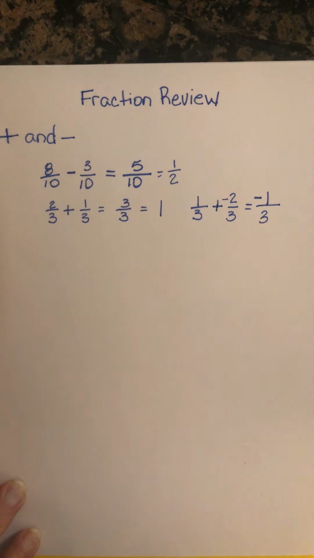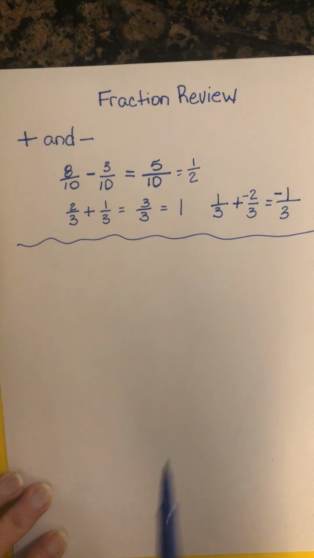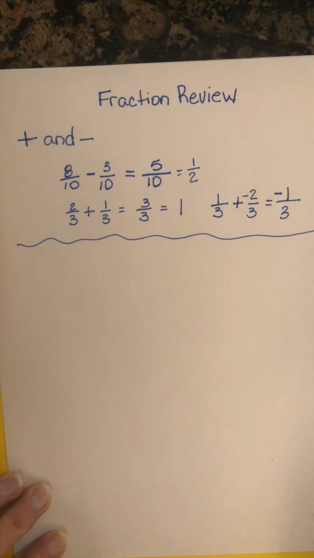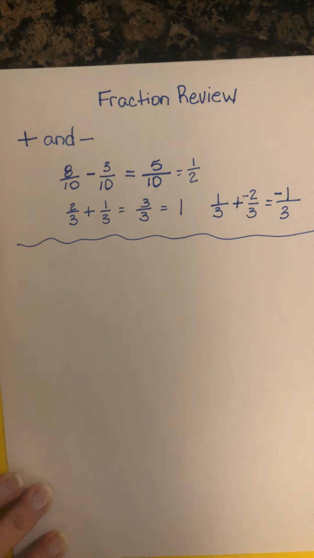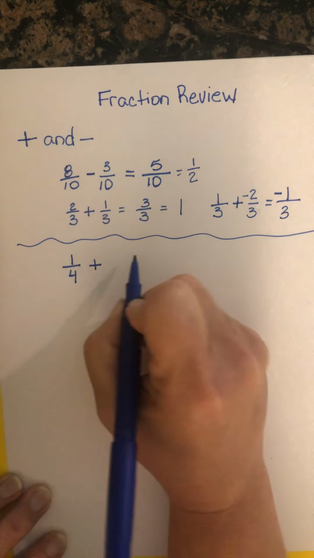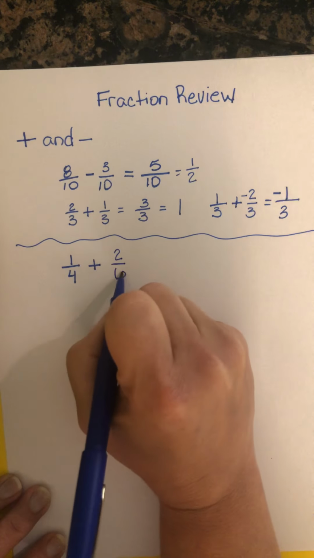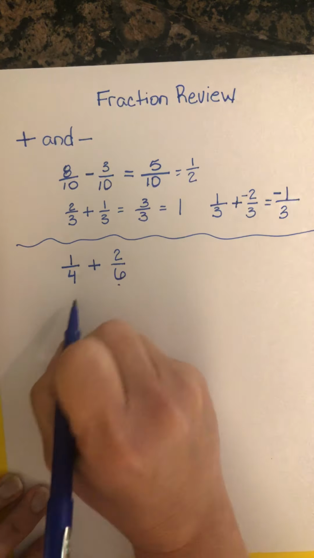Now, what if we had uncommon denominators, which means your denominators are not the same? So you have to find the least common multiple of those numbers. So I'm going to draw a line. To find a common denominator by finding the least common multiple, if I had 1/4 plus 2/6, my denominator is not the same, so I need to find multiples.